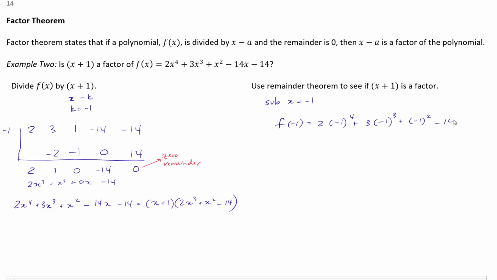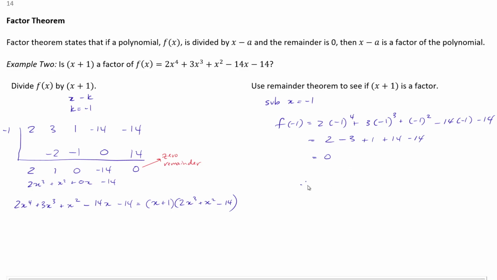Minus 14 times negative 1 minus 14. And when we evaluate this, we get 2 minus 3 plus 1 plus 14 minus 14. And that equals 0. So therefore, x plus 1 is a factor because when we input x is equal to negative 1 into the function, we get a remainder of 0 there.